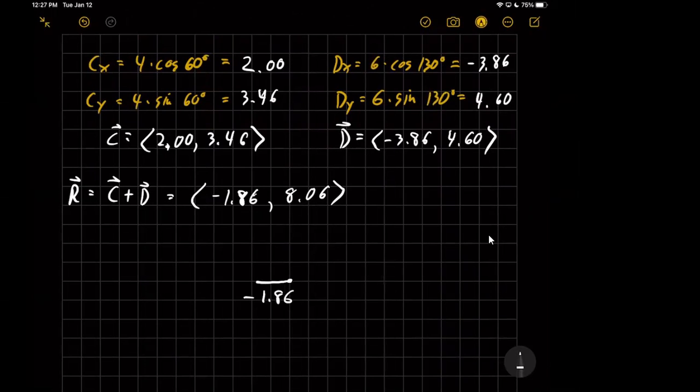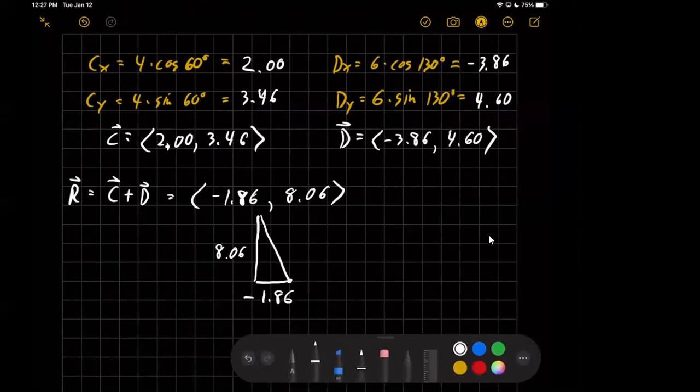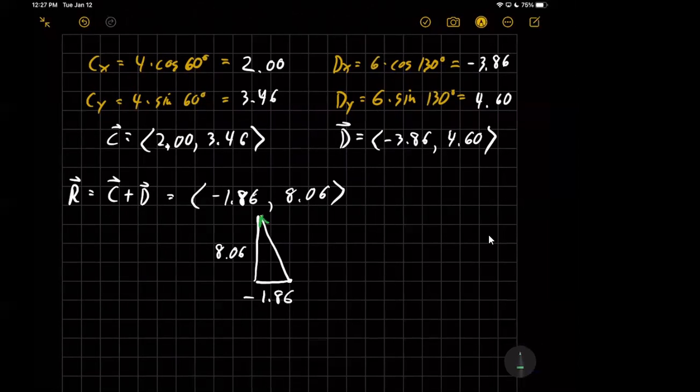I'll put a negative on that, and 8.06, this is not quite to scale, in the y direction. So my answer, let me put this in color where you can see an arrow, will point like this. And I need to find this value for theta for the answer, and I need to find the size of the resultant.